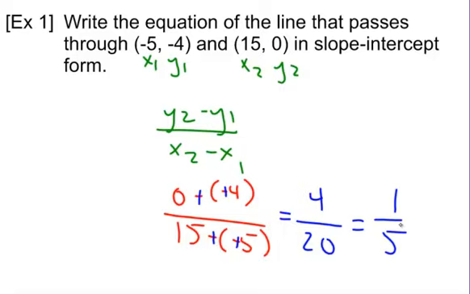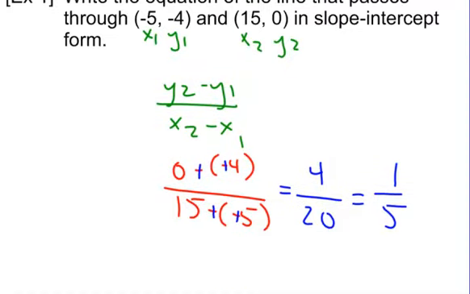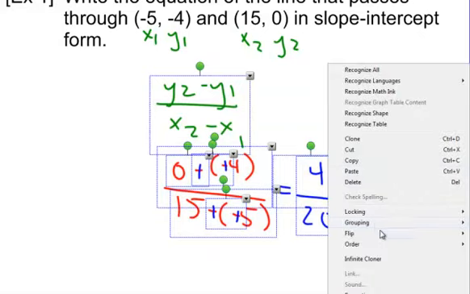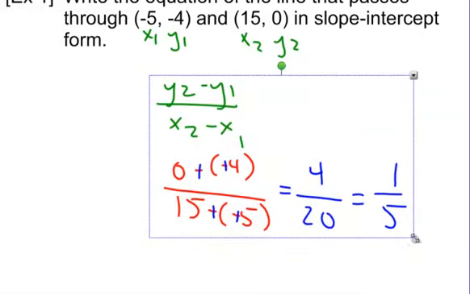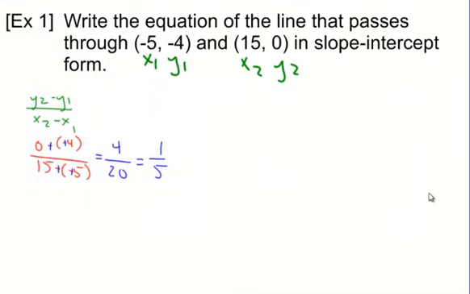That's important. Let's minimize this real quick, because we found the slope, right? So let's put that over here. So we found the slope, and remember, in y equals mx plus b form, your slope is m. So we know our m is 1/5.